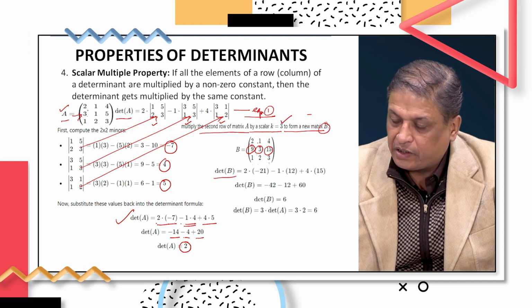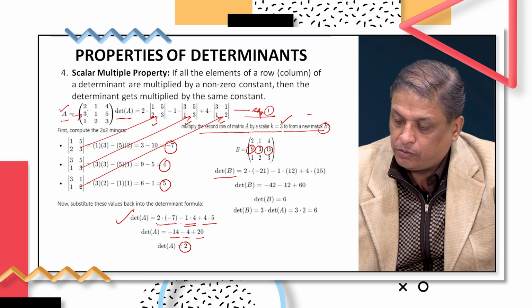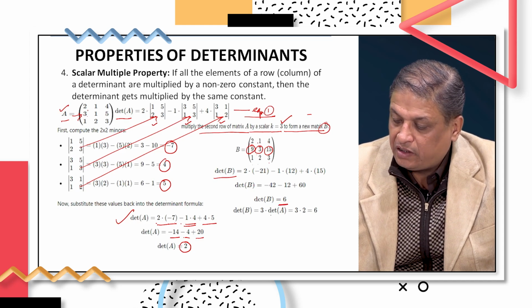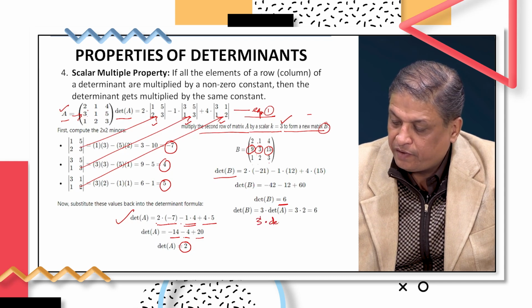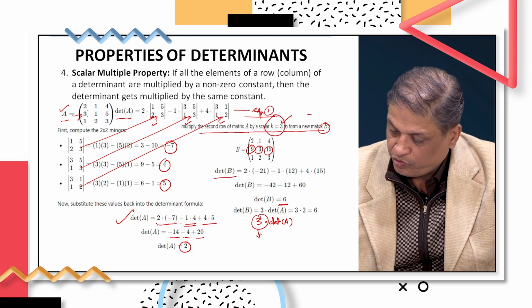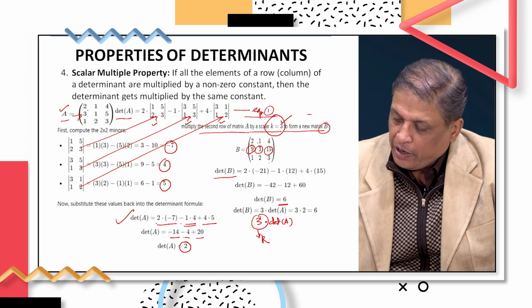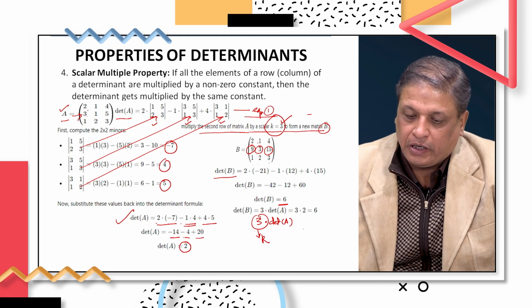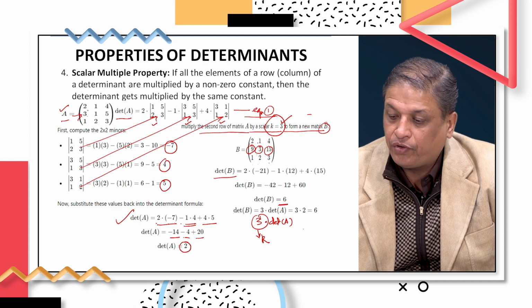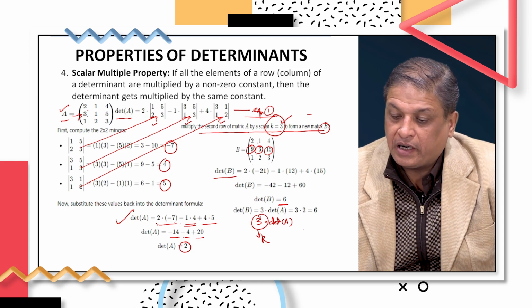Now, if we calculate the determinant B of the newly derived matrix, we get 6, and this 6 is nothing but 3 times the determinant A. And what is this 3? 3 is our scalar value, our constant value K. So I hope you understand what the scalar multiple property says: if all the elements of a row or column of a determinant are multiplied by a non-zero constant, then the determinant gets multiplied by that constant.